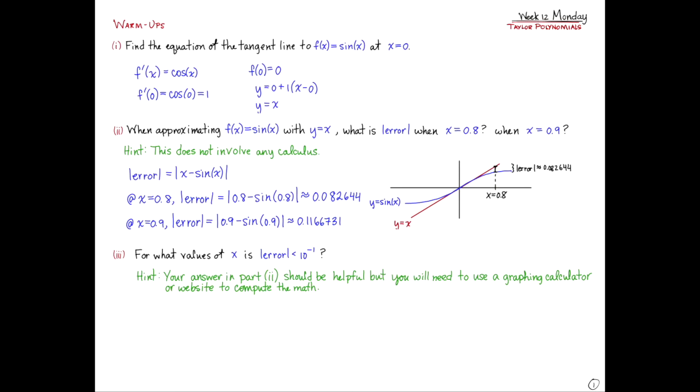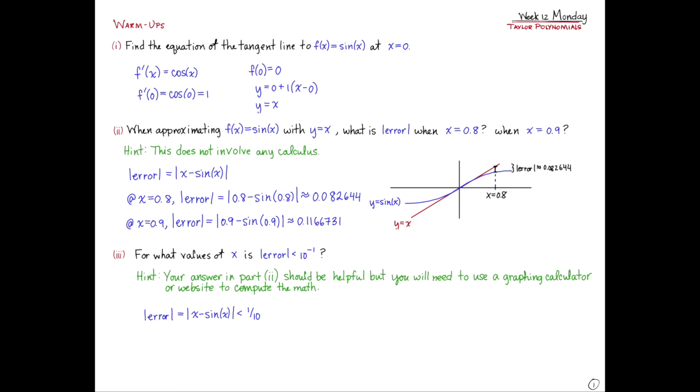So we know that somewhere in the interval between x equal to 0.8 and x equal to 0.9, the size of the error is going to be 1/10. Algebraically, we would write this as the absolute value of x minus sine of x, which we want less than 1/10.